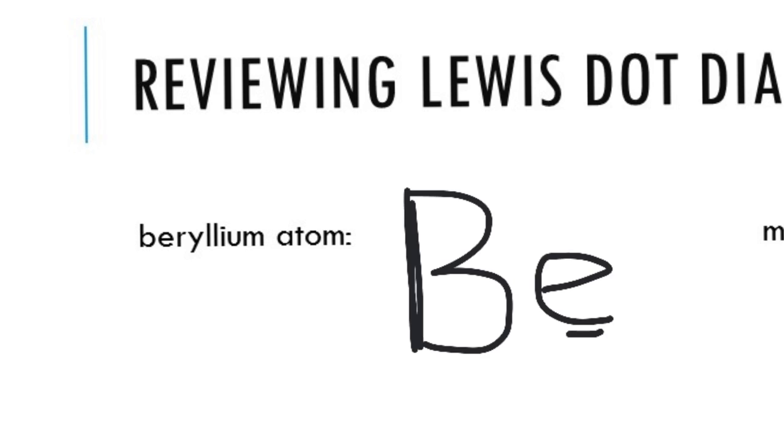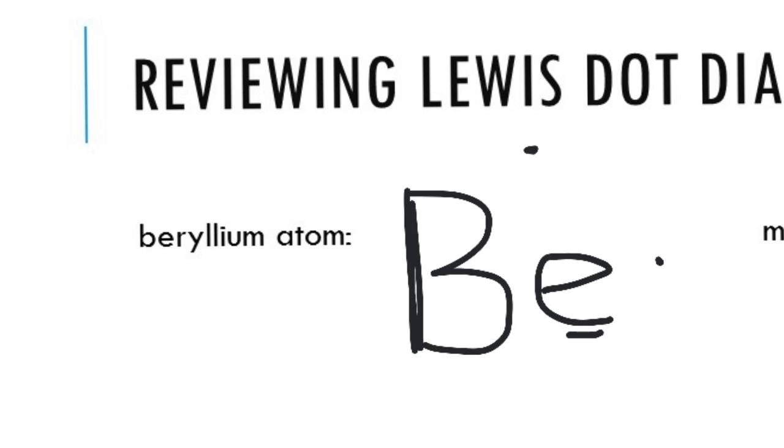Beryllium, we'll notice, has an ion charge of 2+, which means it has 2 electrons in its valence shell. So we'll denote that by putting 2 electrons around the beryllium.